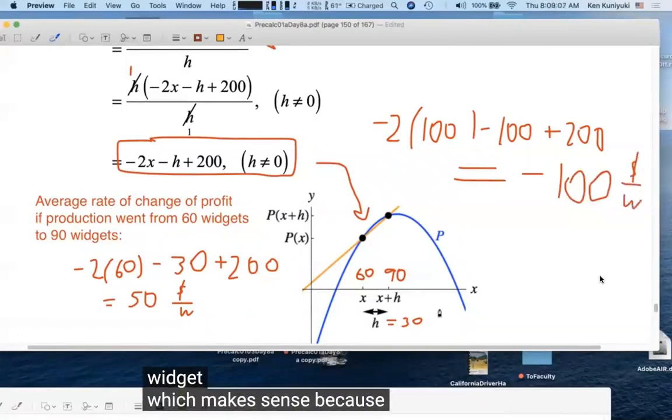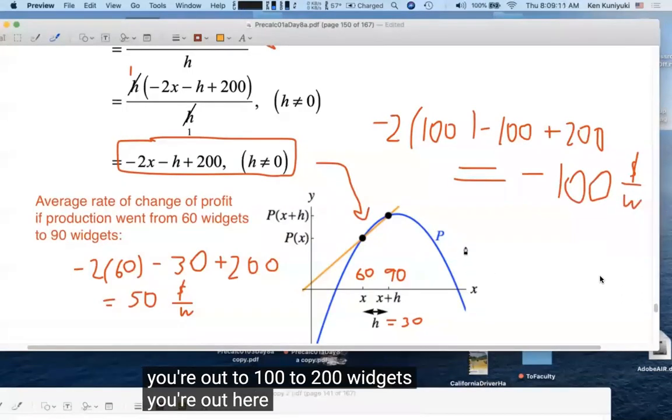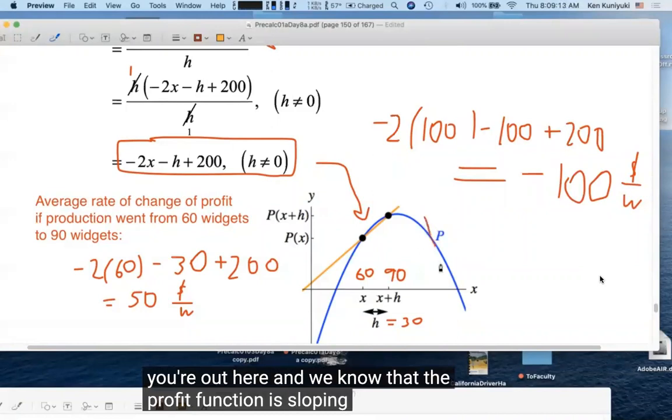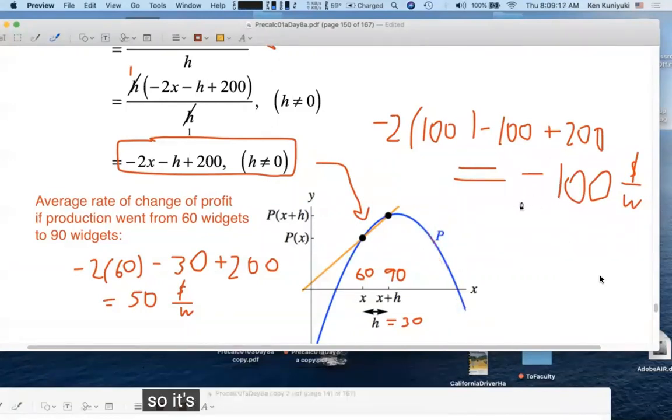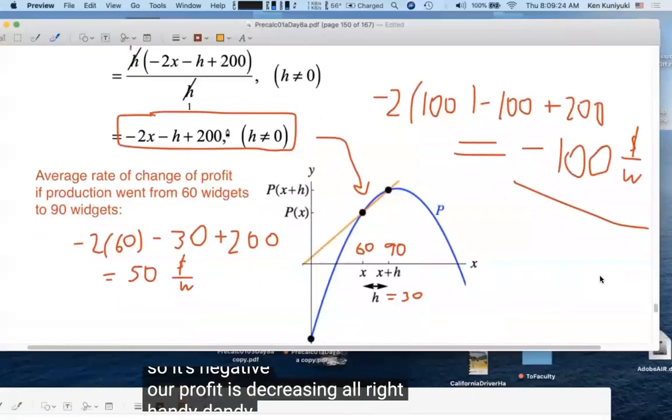Which makes sense because by the time you're out to 100 to 200 widgets, you're out here, and we know that the profit function is sloping downward. So it's negative. Our profit is decreasing.